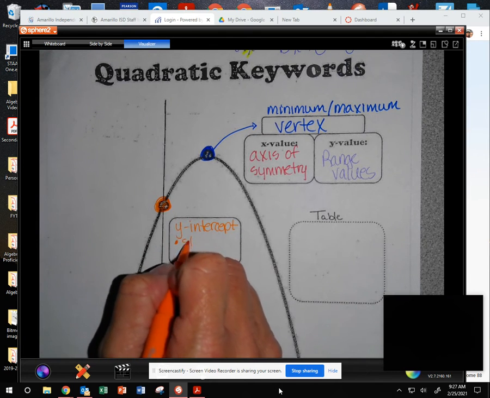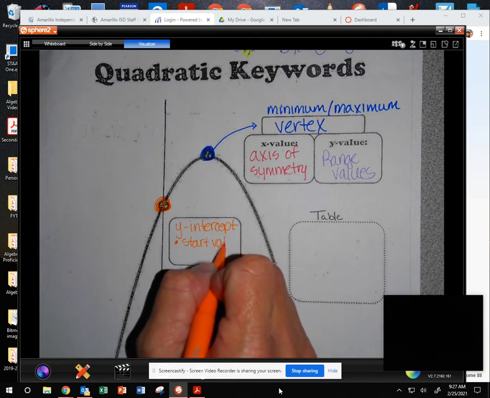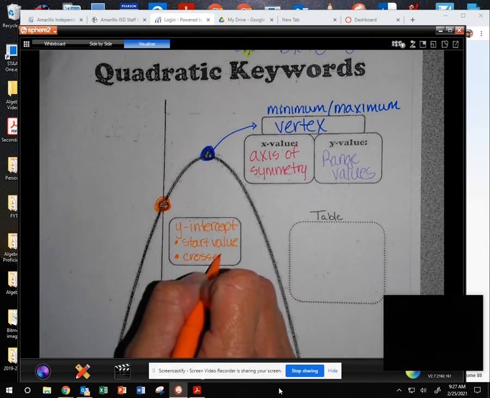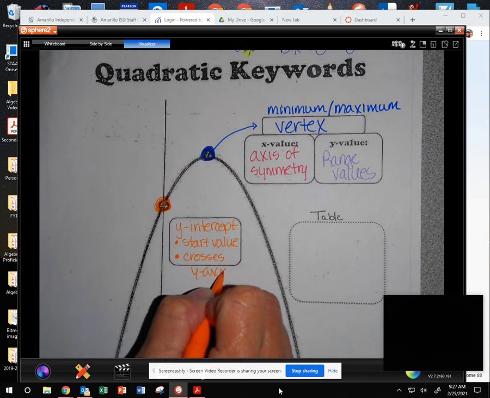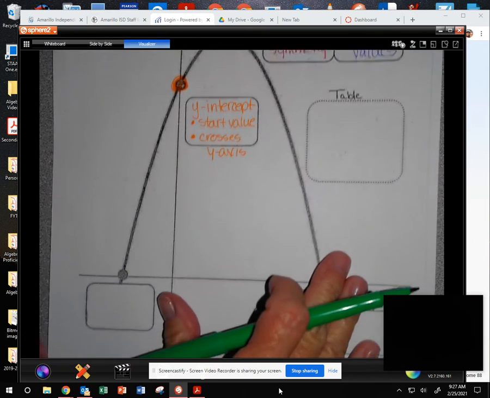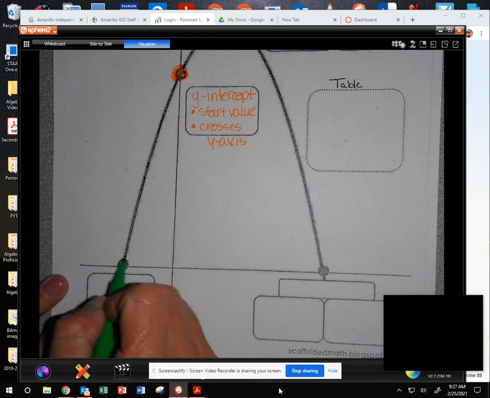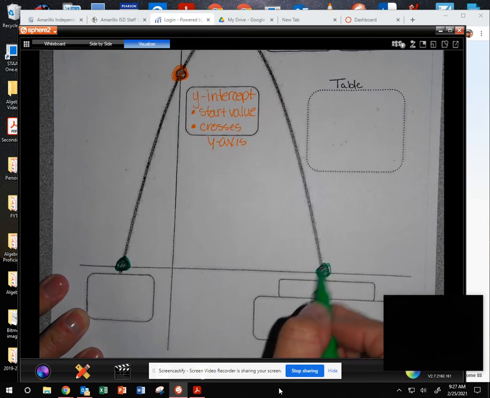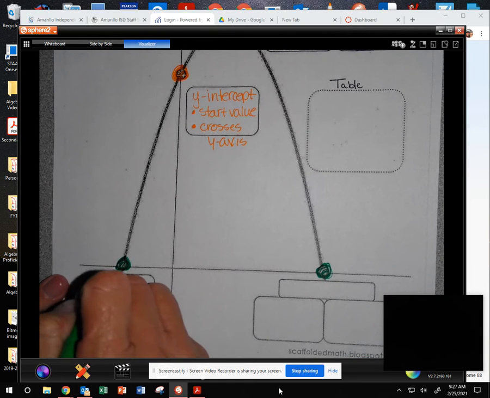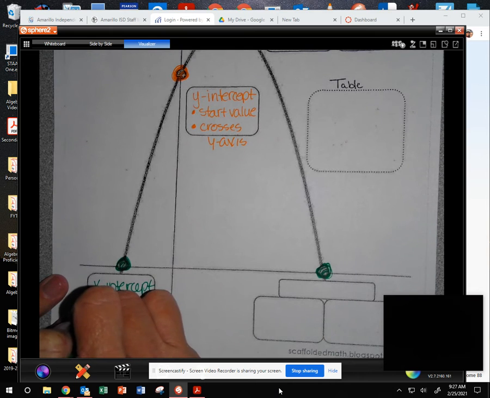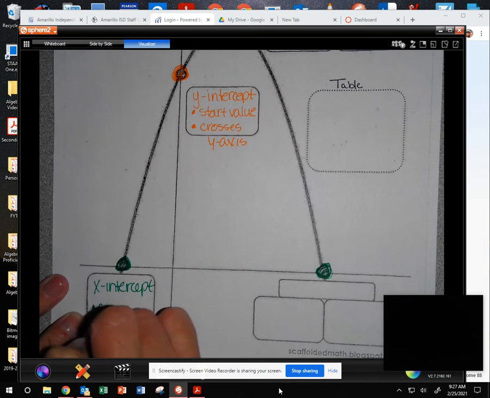This is also known as my start value and where it crosses the y-axis. Okay. These points down here, these are my x-intercepts. This is where they cross the x-axis.